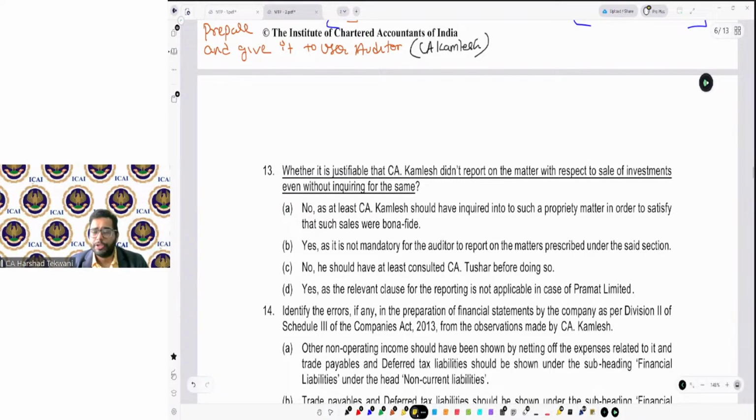So what would be the option you will choose? I would say this is pretty straightforward. The things are within the question itself.